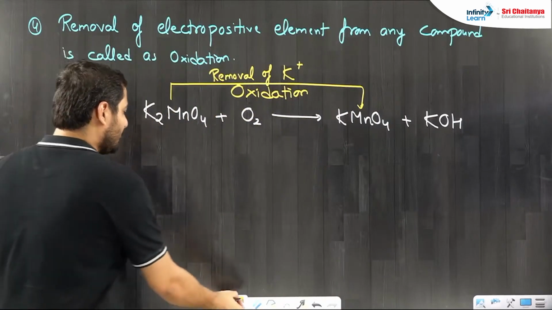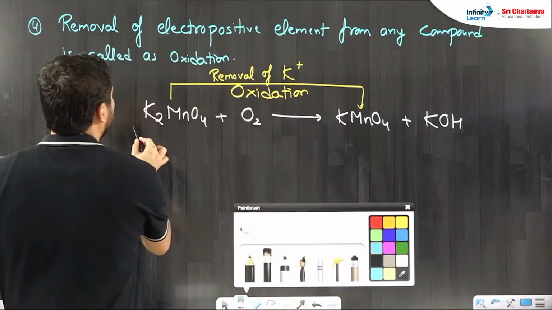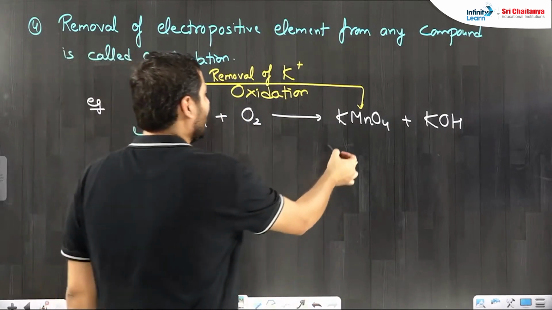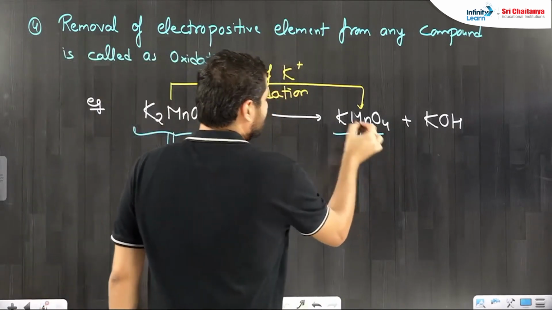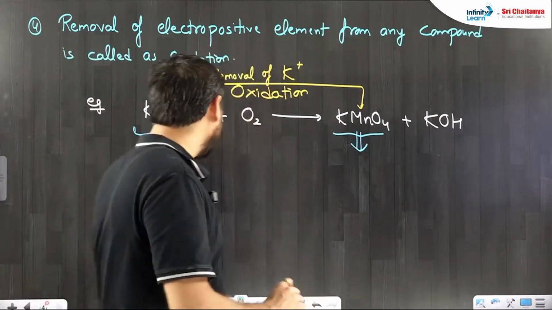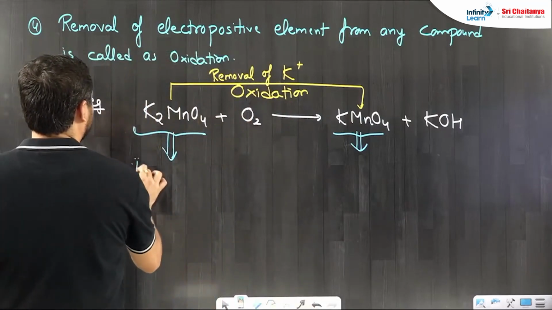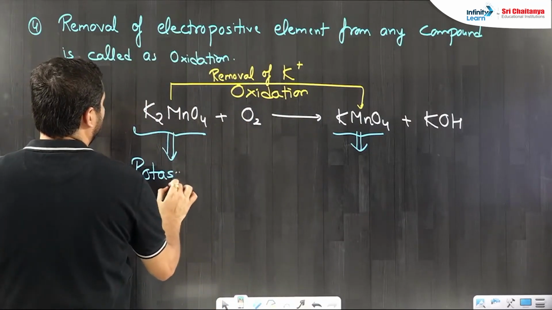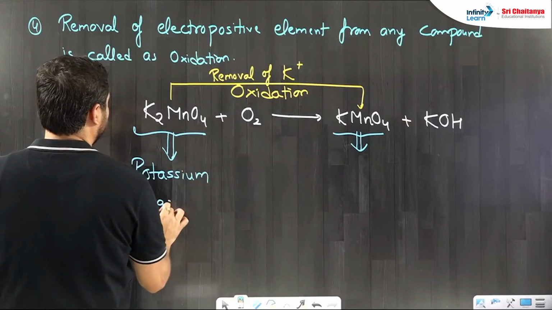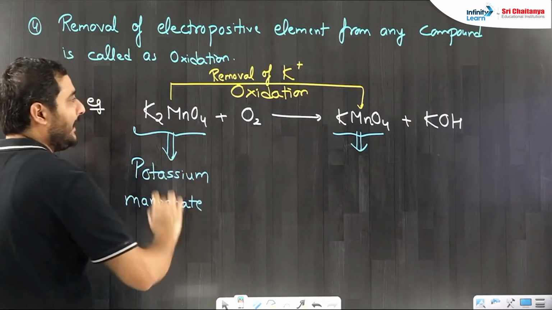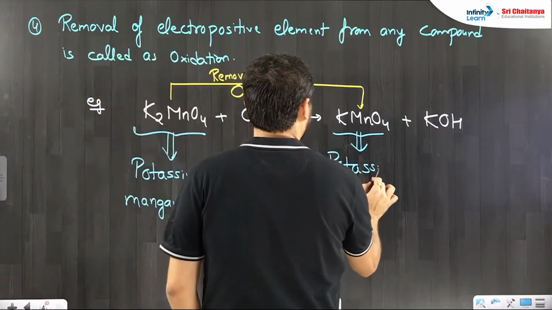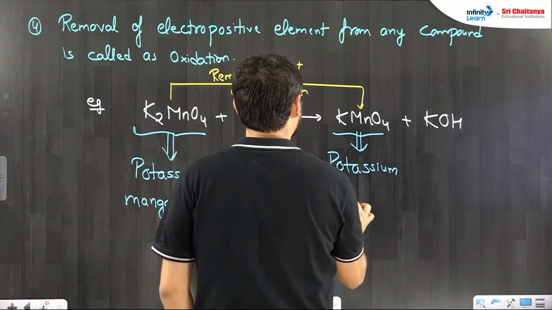Now a very good question here. What is the name of K2MnO4 and the name of KMnO4? The name of K2MnO4 is potassium manganate, and KMnO4 is potassium permanganate.